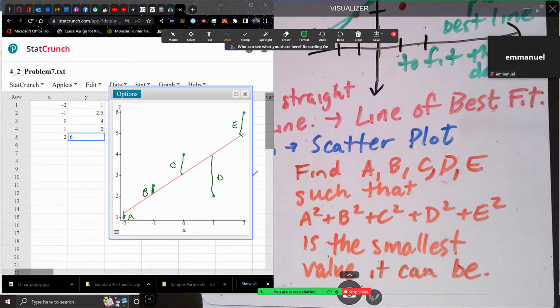We're never going to calculate them ourselves, but it's worth seeing how they do it to understand what's going on. There's other ways to get this line of best fit. I'll show them to you in a second.